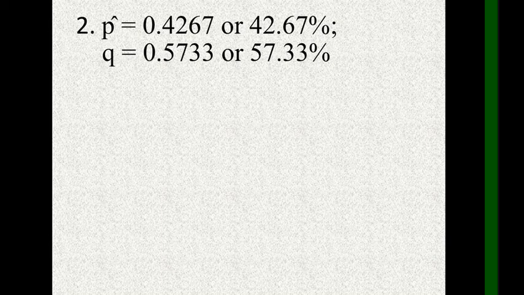Alright, now we have the total number of n, which is 300, right? And our z, if I'm not mistaken, is 95%. Right? Tama ba? 95%? Yeah, 95%. So if it is 95%, that is positive negative 1.960.